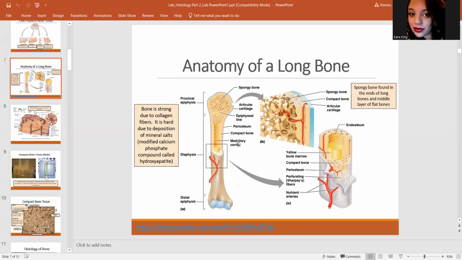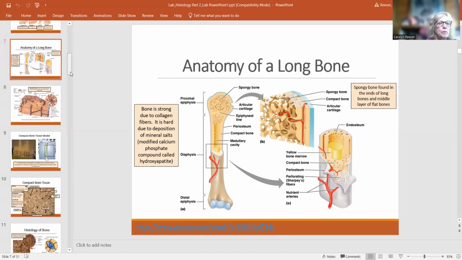It would have all of the osteons and osteocytes. You can see it a little bit better over here on the right. And that shows you how the periosteum and the Sharpey's fibers are oriented too. That makes a lot of sense. Okay, let's see. I think you guys are pretty good on bone.